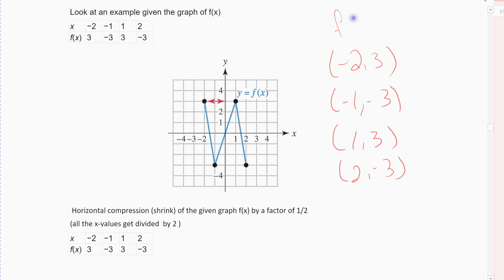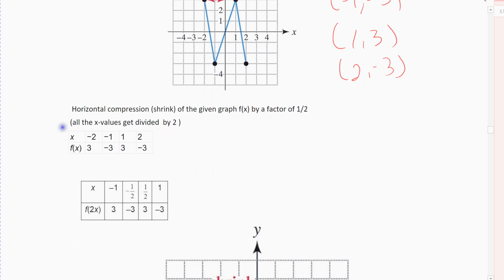So this is the original. When we want to horizontally compress or shrink the graph by a factor of 1/2, all of the values of x get divided by 2. That's the original.